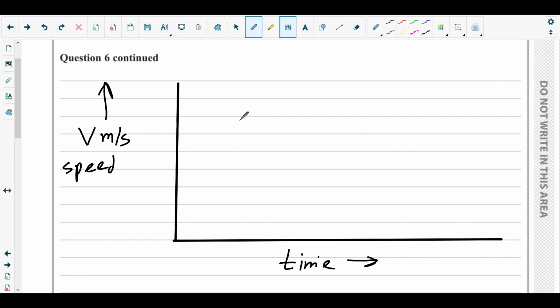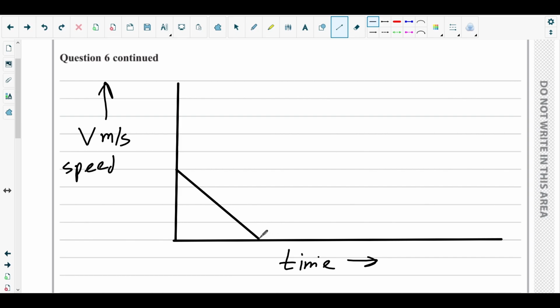It has been projected in the upward direction, that is the positive direction. The direction doesn't matter, just consider the speed. As the particle is moving upward, it is decelerating, so its speed is decreasing. The speed will start from 24 meter per second and keep decreasing.